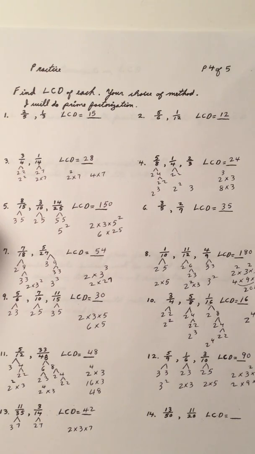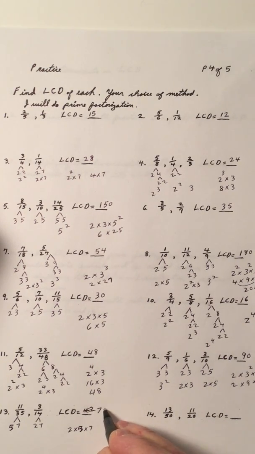35, 2 times 3 times 7. Oh, my mistake. I checked as 5. My mistake. I said 35 was 3 times 7. It's 5 times 7. So I have a 2, 5, and 7. That's 10. So that's a 70. Sorry about that.